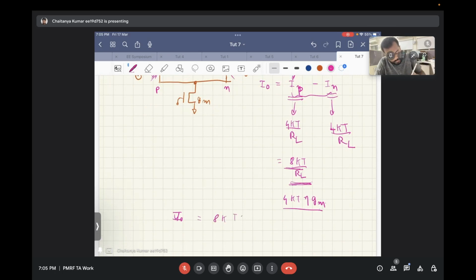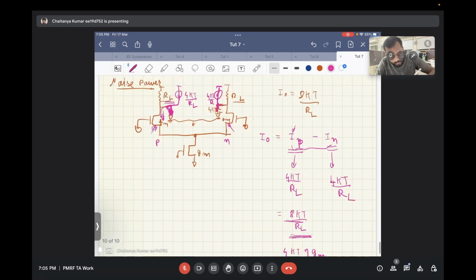So that will be 8kT eta times gm plus 8kT by RL.